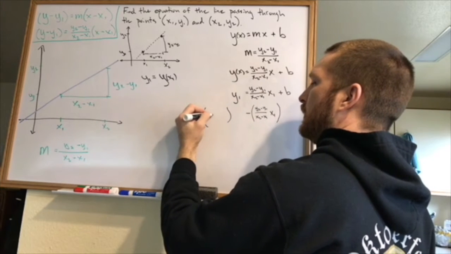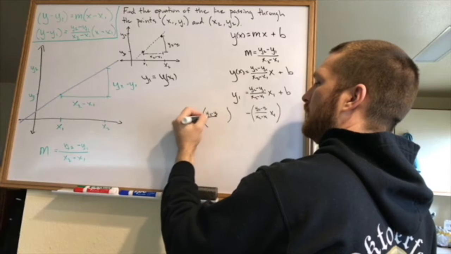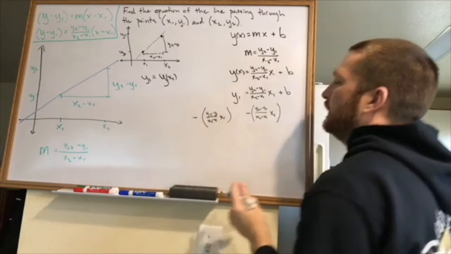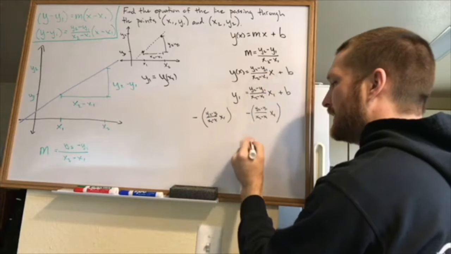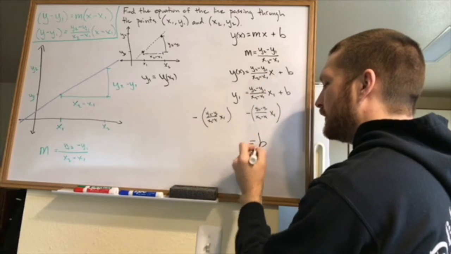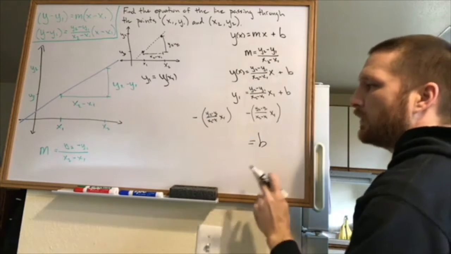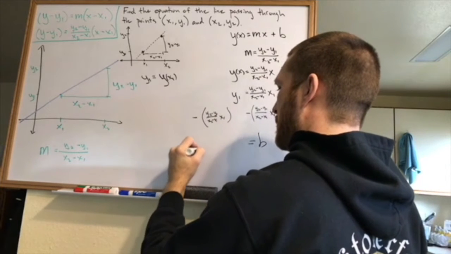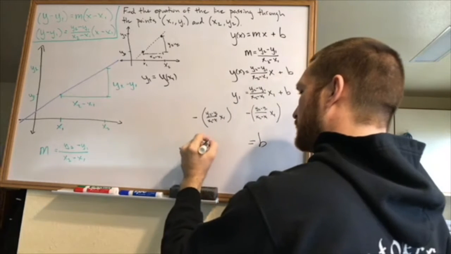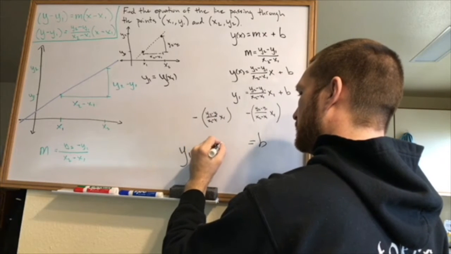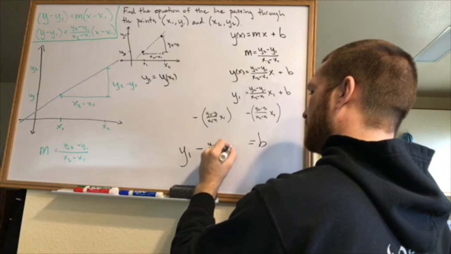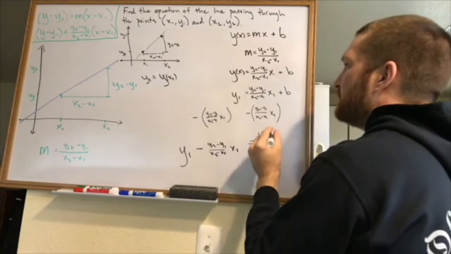Minus Y1, X2 minus X1 times X1. These guys cancel out and leave me with B. Now what's left? Y1 minus that amount. What is that amount? Well, that's Y2 minus Y1 over X2 minus X1 times X1.